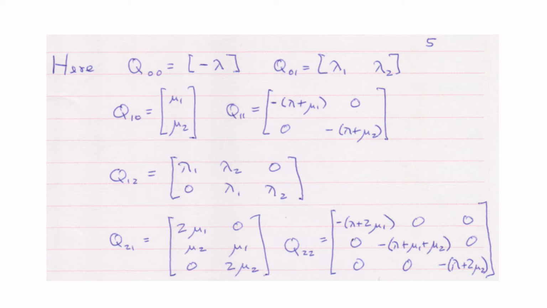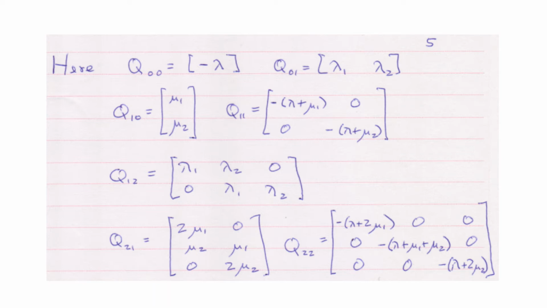And the matrix Q12 is a 2 by 3 matrix. And if we look at the entries here, Q10, Q11, Q12, we find that the rows will sum to 0.